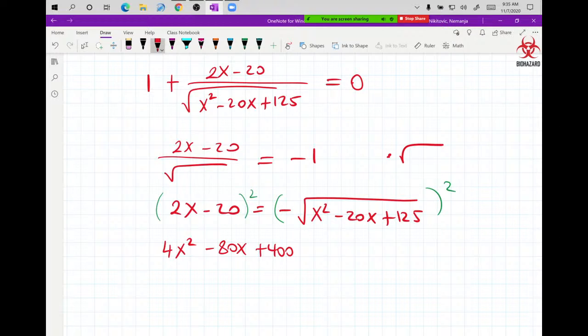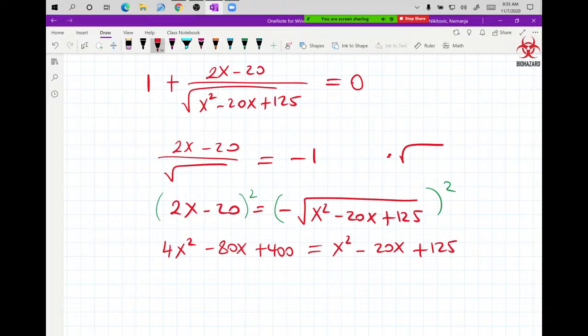Okay, good. Usually students forget the middle term and then the whole problem goes to hell. If you don't know the formula for squaring the binomial, FOIL it on the side and get it right. Now the square will kill that minus and will kill the square root, so you just have x squared minus 20x plus 125.